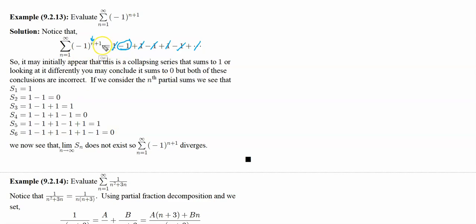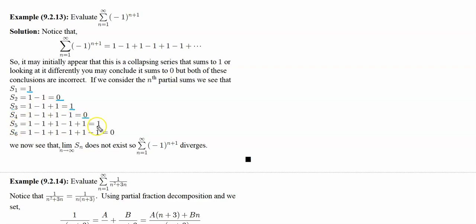So let's take a look at the nth partial sums. So if we look at S1, you see we get 1. If you look at S2, that's going to be 1 minus 1, that's 0. If you consider S3, that's going to be 1 minus 1 plus 1, so that's 1 again. S4 is going to be 0.